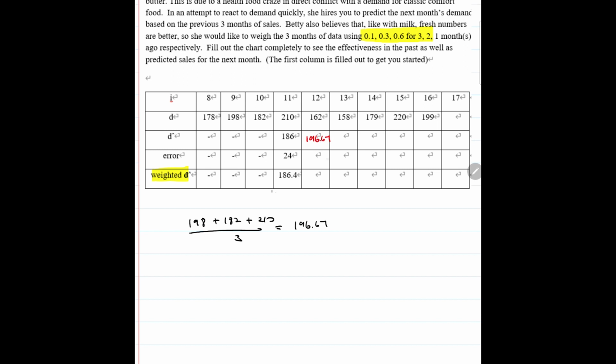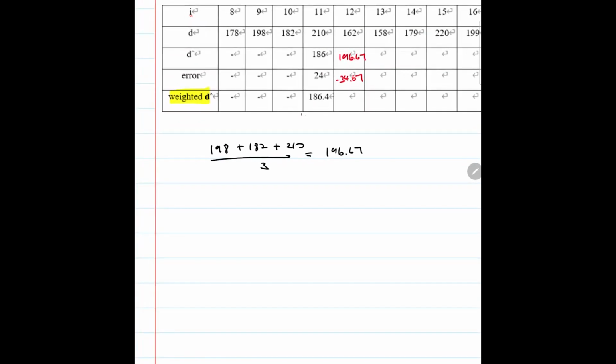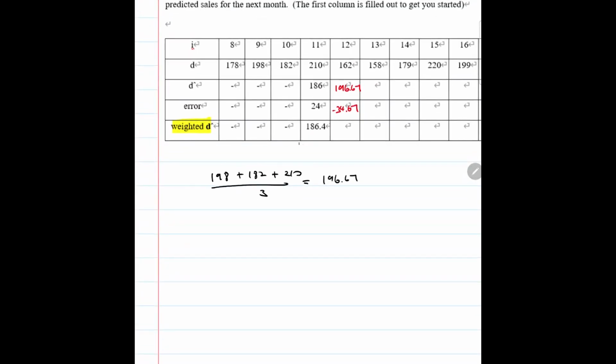And error is simply difference between expected value minus demanded value. So we overestimated, so it's 34.67. And to get a weighted average, we're gonna do similar one, but we need to use the weight.